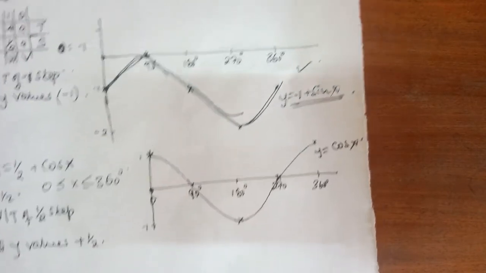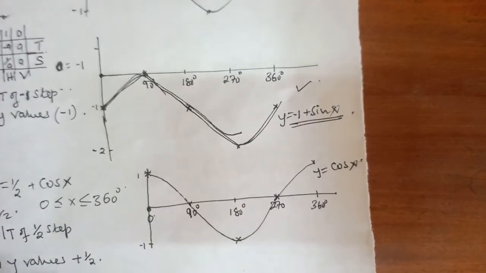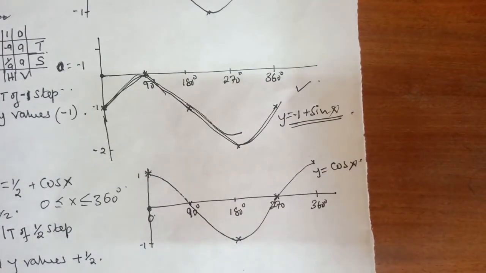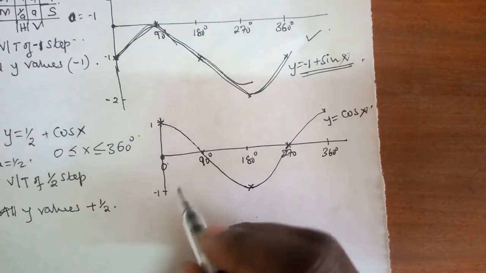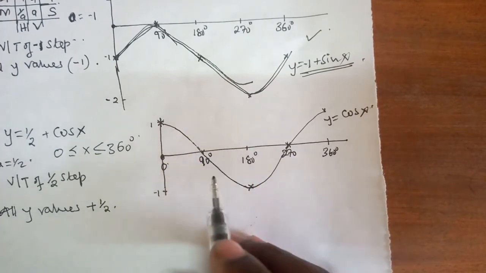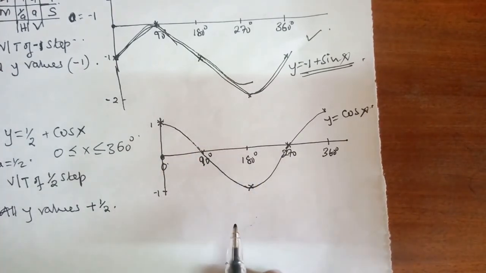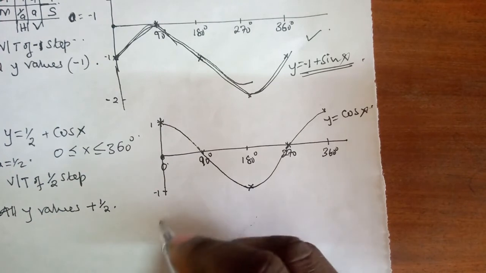So what kind of graph do we have now as far as this question is concerned? I would want to plot it in the same set of axes, but the question talks about separate sets of axes.